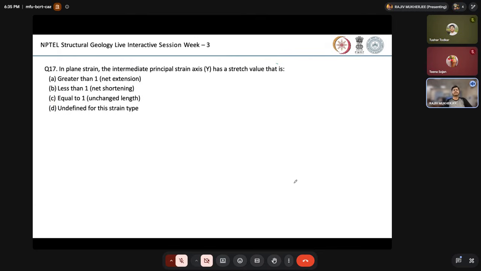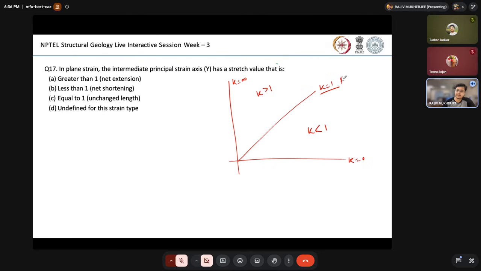Okay, so in plane strain, the intermediate principal axis y has a stretch value that is greater than 1, less than 1, equal to 1, or undefined for this strain type. So if you just remember, in a Flynn diagram, we already have mentioned this is the plane strain condition.